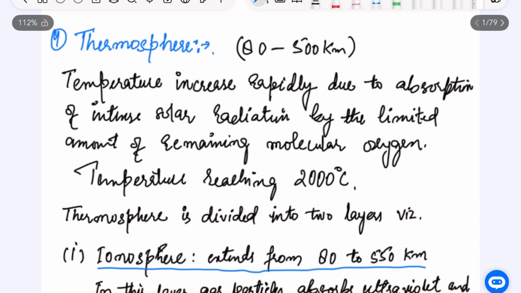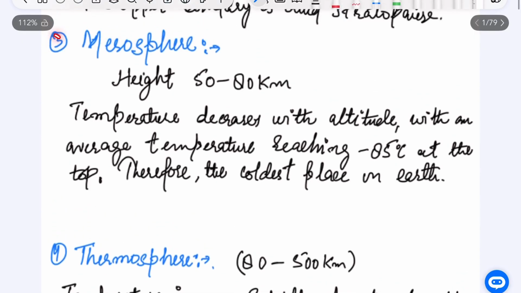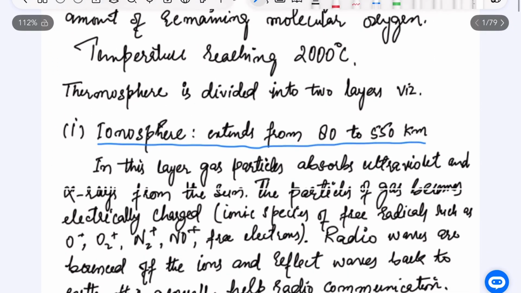In the third and the fourth layer, that is the mesosphere and the thermosphere, we have found another sub layer, that is the ionosphere. So the ionosphere is mainly present in between the mesosphere and the thermosphere.